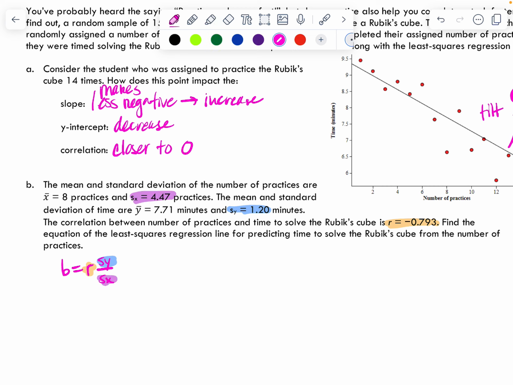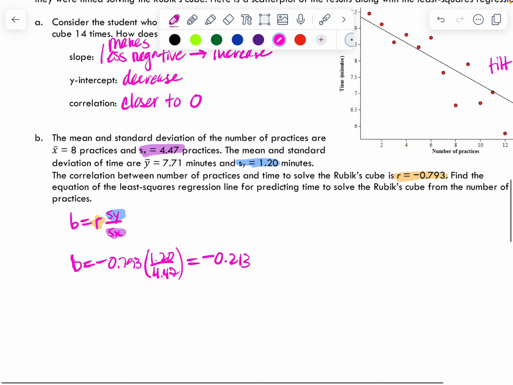So b equals negative 0.793 times 1.20 over 4.47. I'm going to plug that into my calculator, and I get negative 0.213. Then I'm going to use that second formula, a equals y bar minus b times x bar.